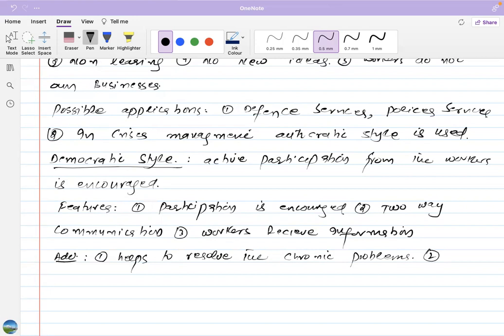Secondly, it builds team-based relationships among the employees, the seniors and the juniors.